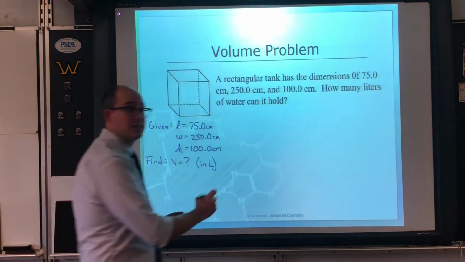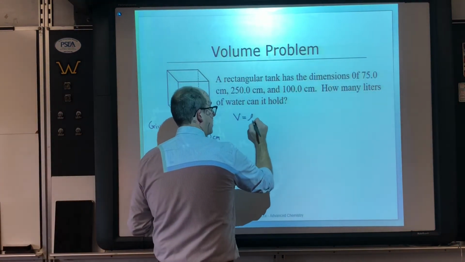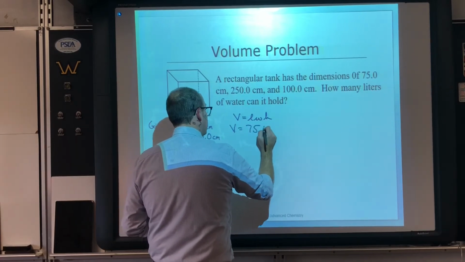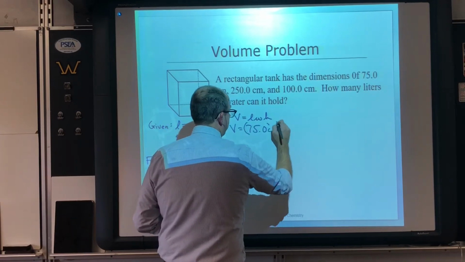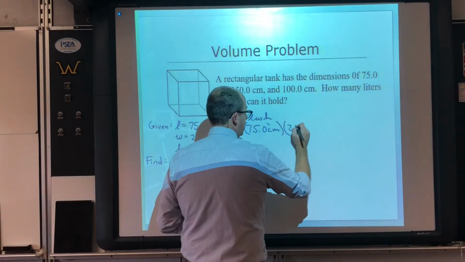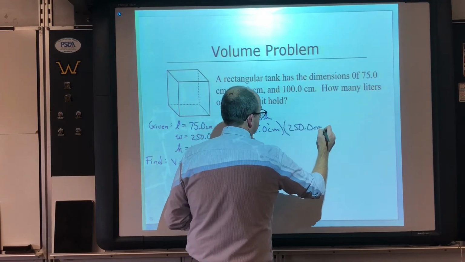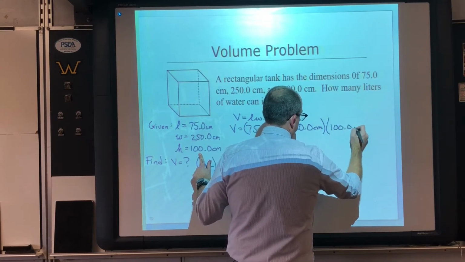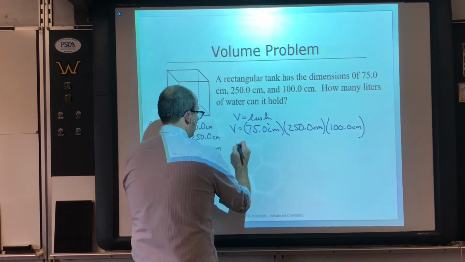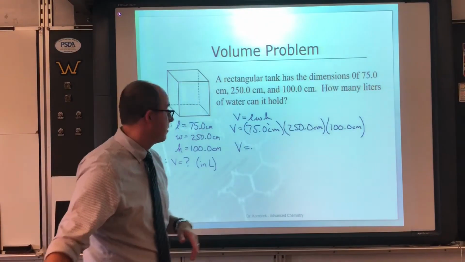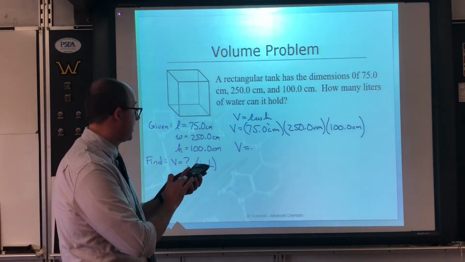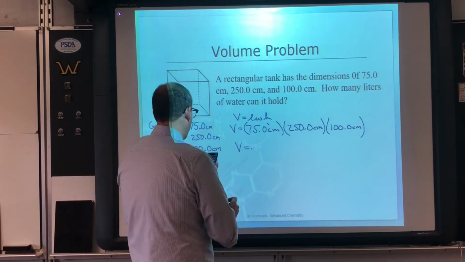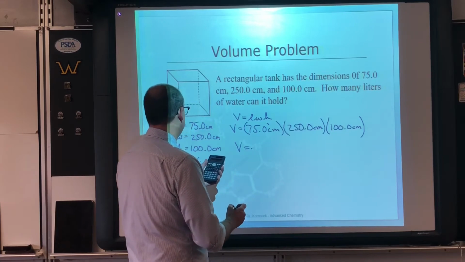So we're looking for the volume, but in liters. So step 1 is volume equals length times width times height, or 75.0 centimeters times 250.0 centimeters times 100.0 centimeters. With a little bit of math on the calculator, we get 1,875,000.